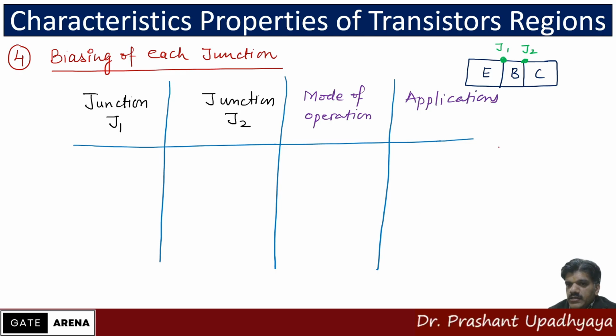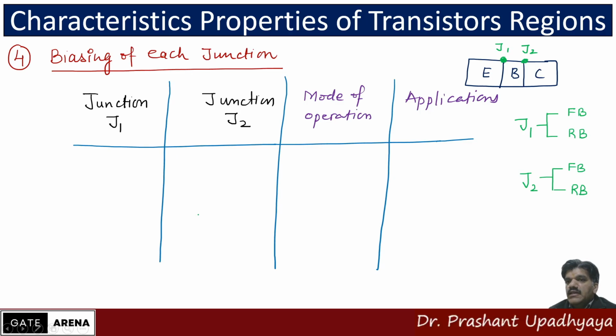So depending upon junctions J1 and J2, this junction J1 can work as forward biased, and it can also work as reverse biased. Similarly, I can make junction J2 forward biased or reverse biased.